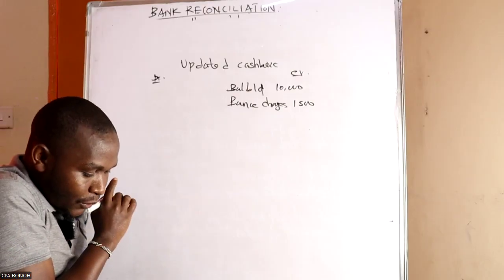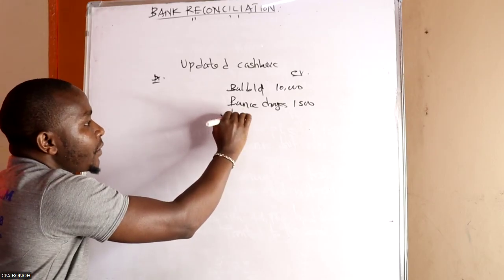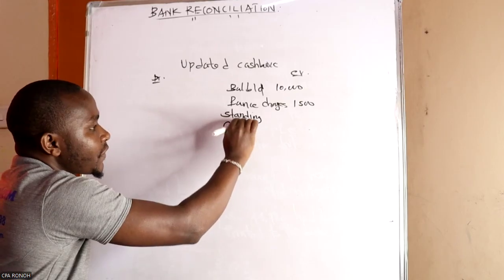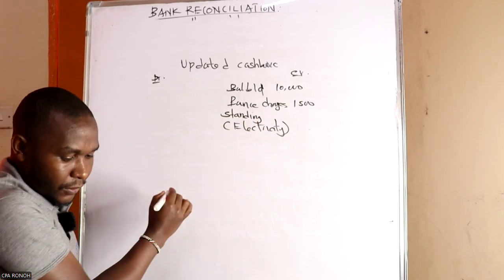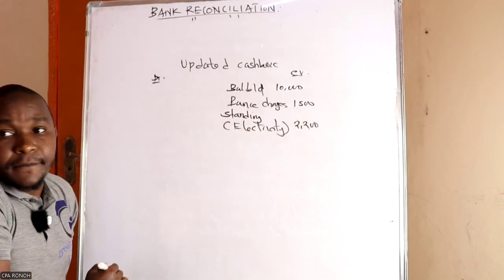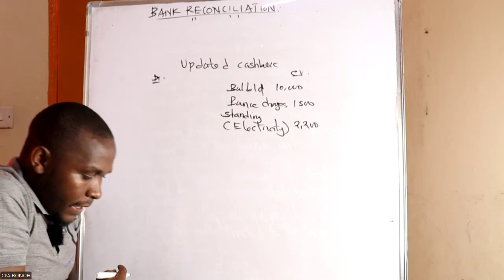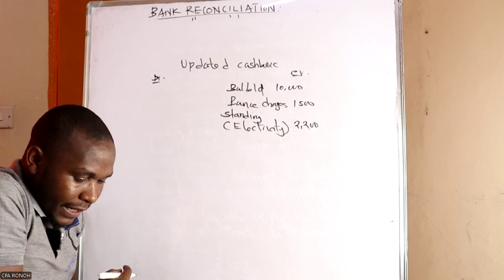And then the standing order is also an expenditure. So we specifically call it electricity. We have electricity of 2,200. And then there is dividend income amounting to 11,000 collected by the bank that did not appear in the cash book.